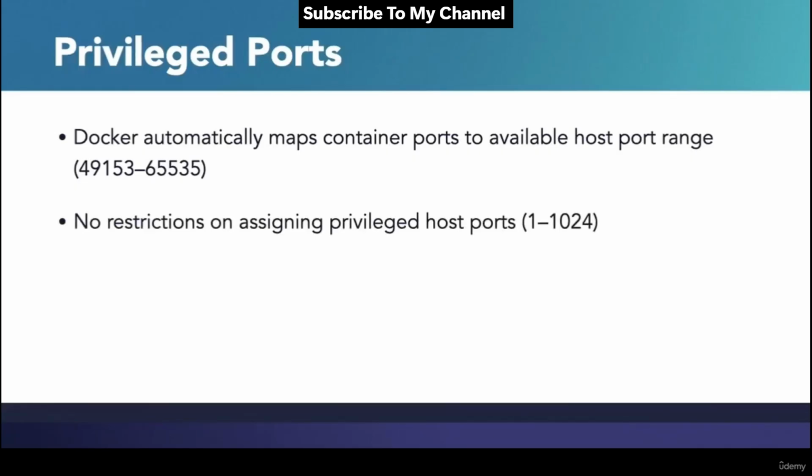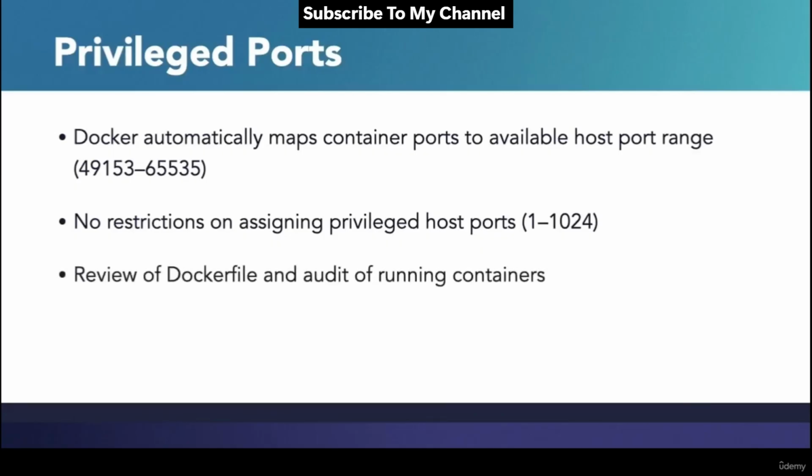The problem is that the ports between 1 and 1024 are deemed privileged and may carry sensitive data. So you should restrict users from mapping to the host's privileged port. This can be accomplished using a review of the Dockerfile in pre-deployment or by running an audit or scan of the containers after containers are deployed.